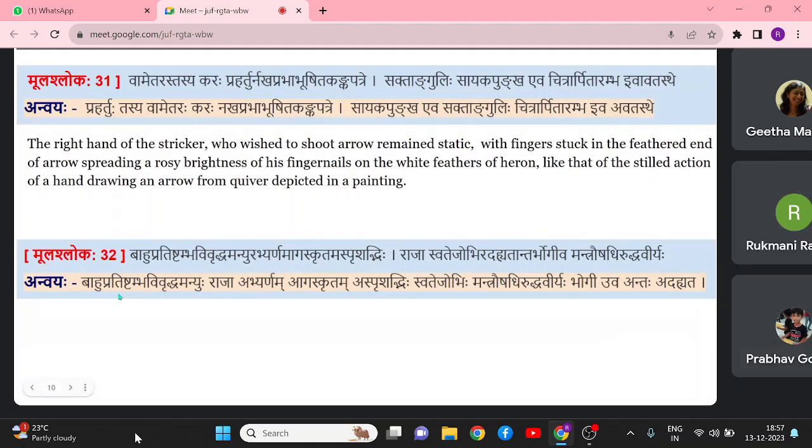Let's see what it means. Bahu Pratishtamba Vivriddha Manyuhu, Bahohu Pratistambena Vivriddha Manyuhu. Manyu, which dhatu? Manyu means anger, wrath, that fury. Vivriddha Manyuhu is something which is increased. The fury has been increased, heightened.